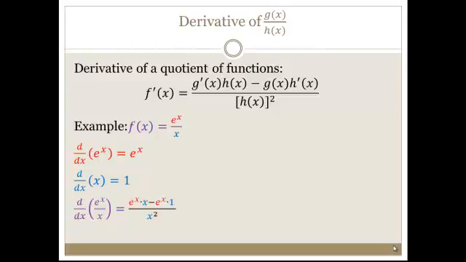Using our quotient rule, we have that the derivative of e to the x divided by x equals e to the x times x minus e to the x times 1 all over x squared, which we can rewrite as x times e to the x minus e to the x all over x squared.